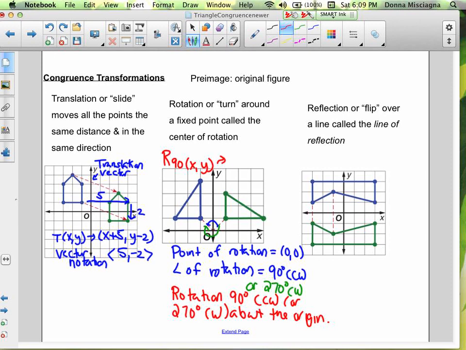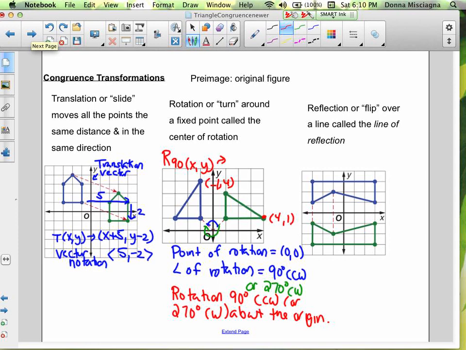(x, y) goes to... let's think about how our points are changing. Let's compare these two corresponding points. This point here is (-1, 4). And this is its corresponding point right there, and that's the point (4, 1). Notice that x and y are switched, and that's what's going to happen on a 90-degree rotation or a 270-degree rotation.